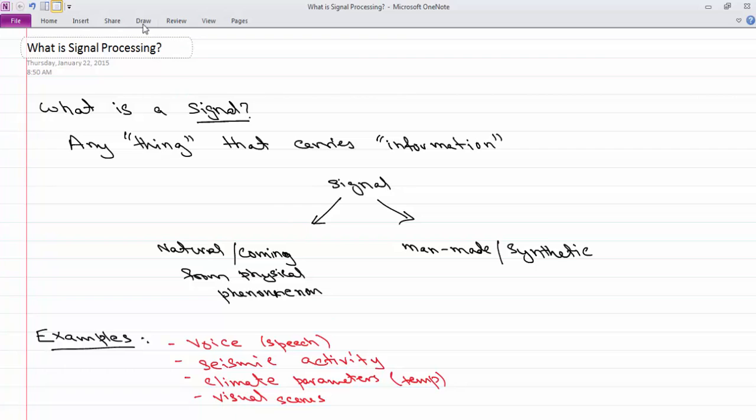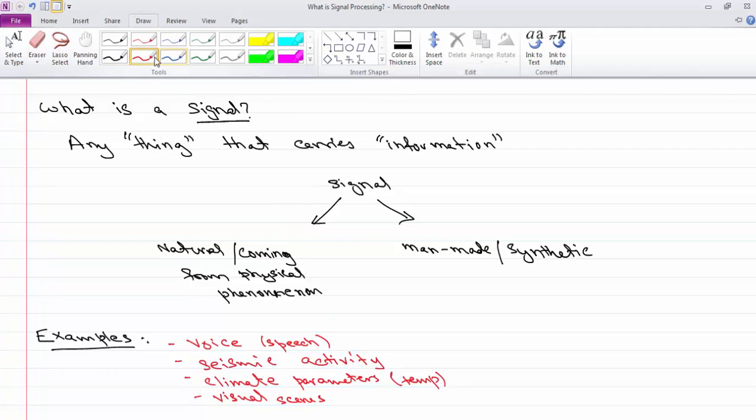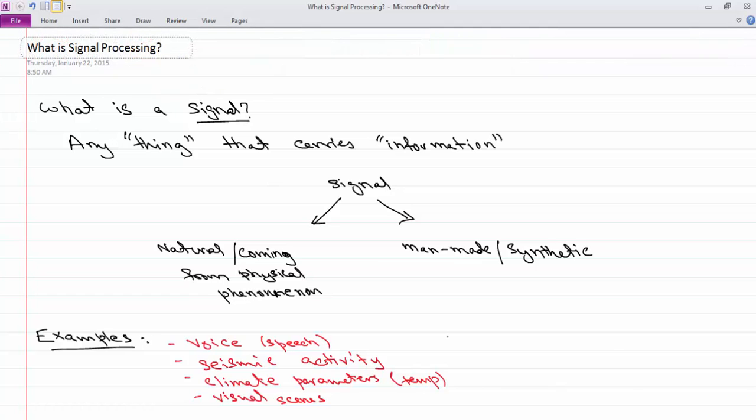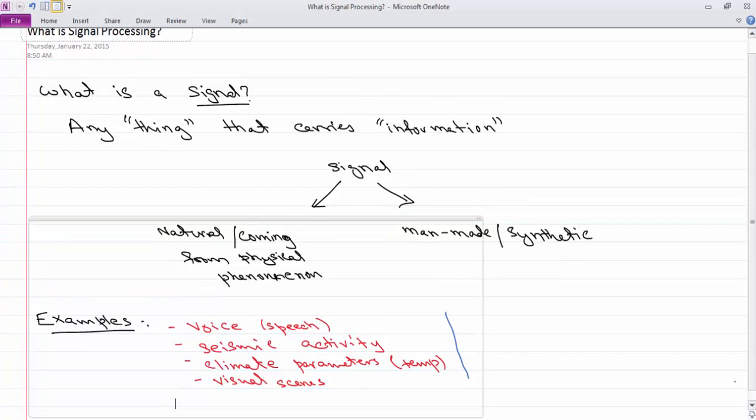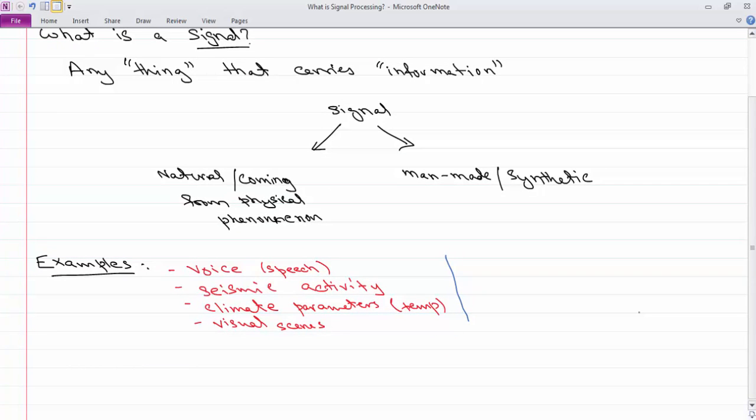Now, what are the examples of man-made or synthetic signals? Once again, you can think of many examples. I'll give you some examples which are more aligned with our digital world, which you may or may not have thought of.